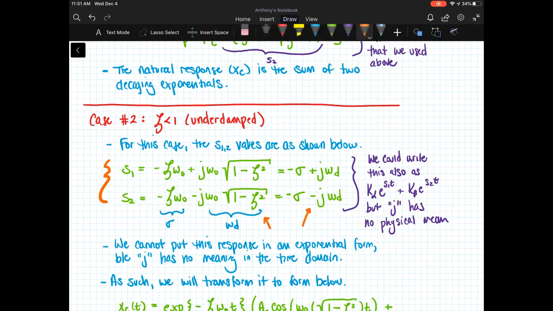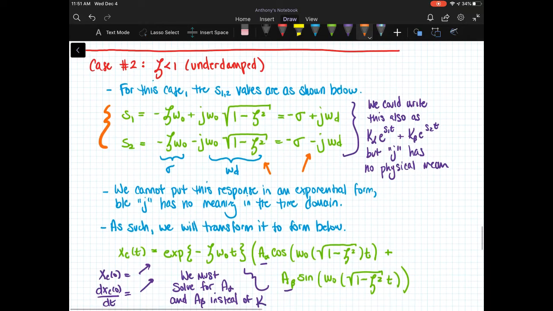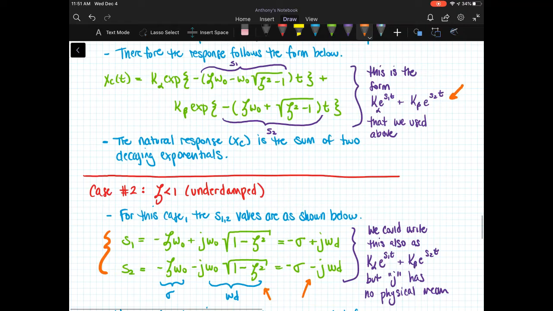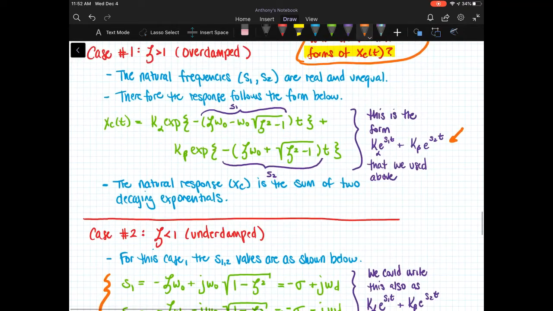There's also a simplified version right here where we call the real portion sigma and we call the imaginary portion omega d. Now the problem is that we can't take these roots and represent them in this type of form here. The reason being that for a physical system, the e to the something imaginary t, right? How are we going to translate that to a physical voltage at time t?